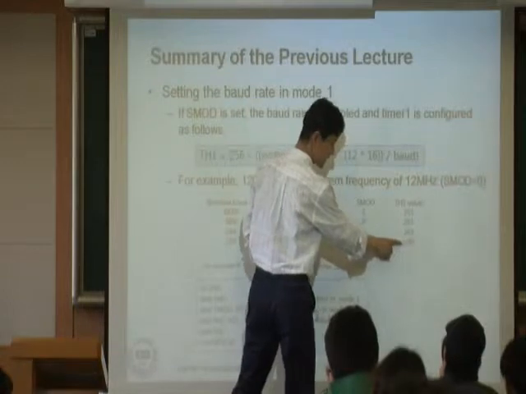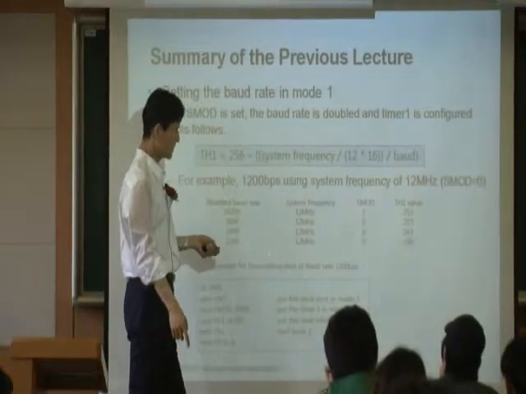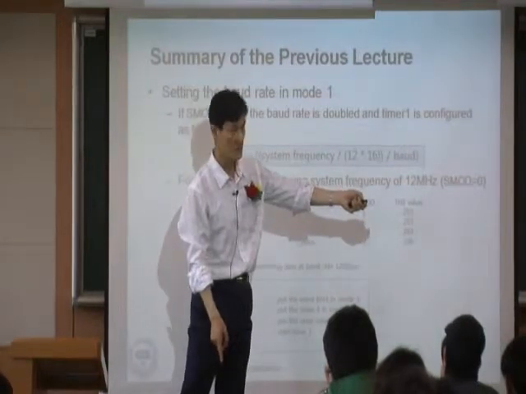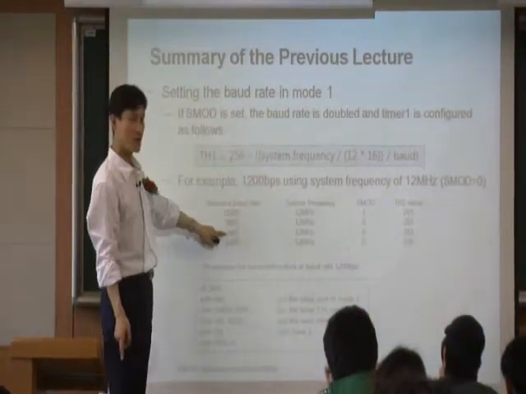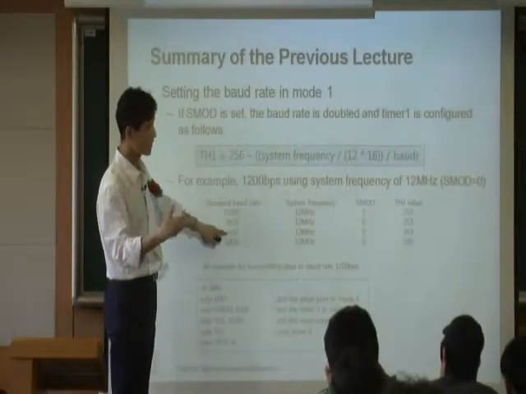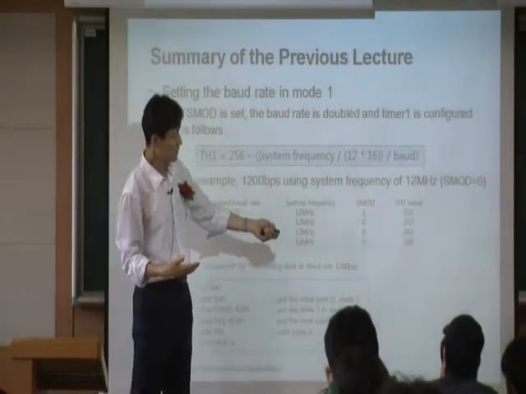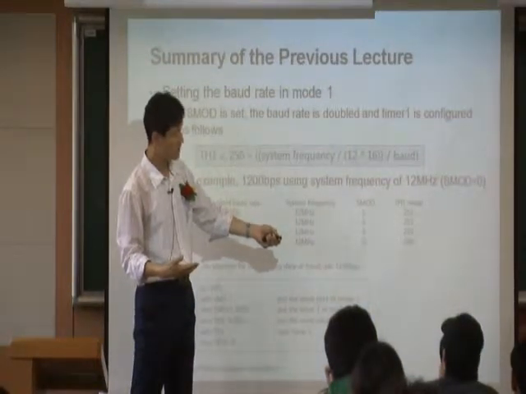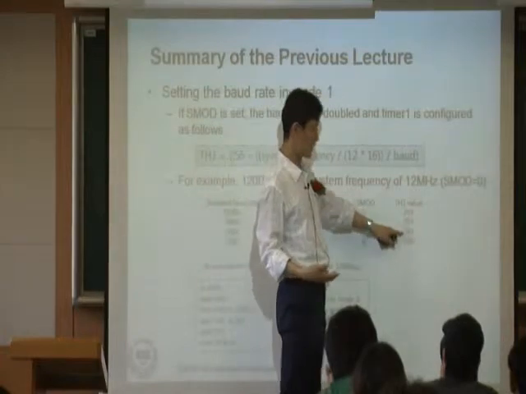Let's say for 1200 bps, you have 230 for the timer initial value. But let's say 2400, it's faster, twice as fast. You need to set a different value for the timer. And actually, this one is a higher value. Why is that?